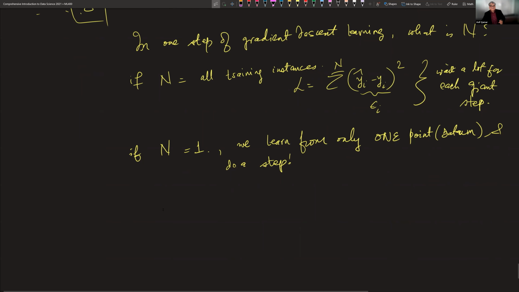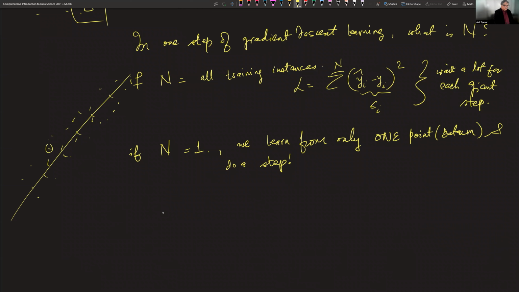Because all data points have noise in them, data is not perfect. Imagine you're trying to learn linear regression. One data point may ask you to make the line more steep. Another data point, let's say a data point here, may ask you to make the line less steep.